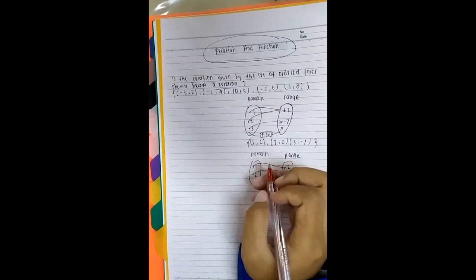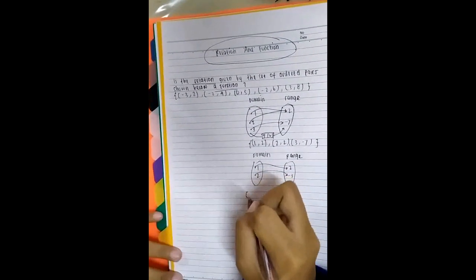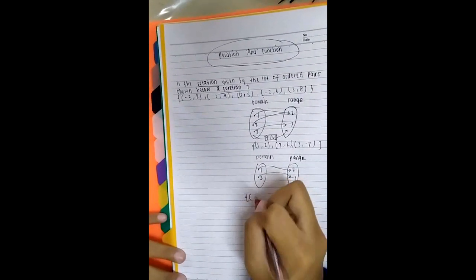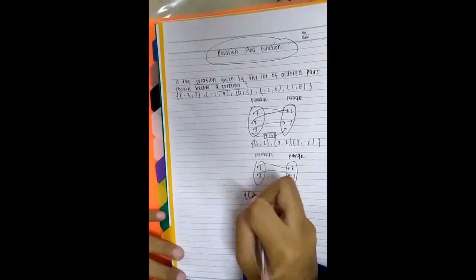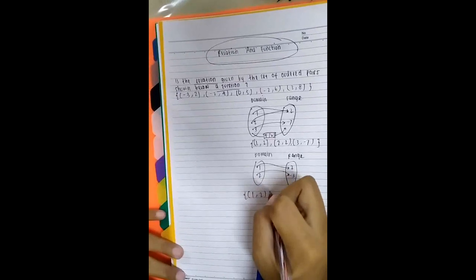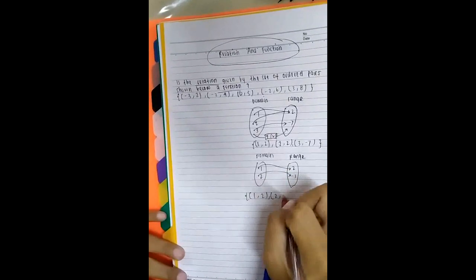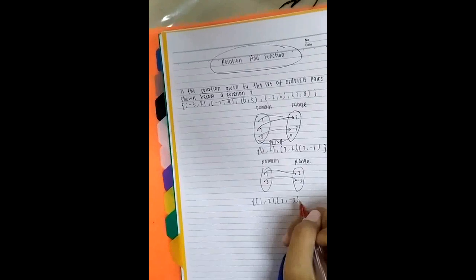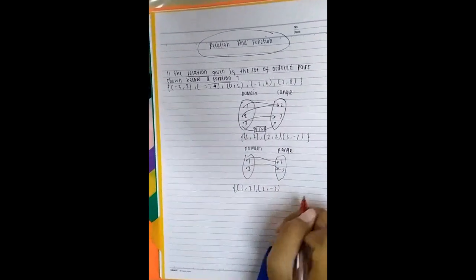So you'll have 1, 2, 2, negative 3 over there.